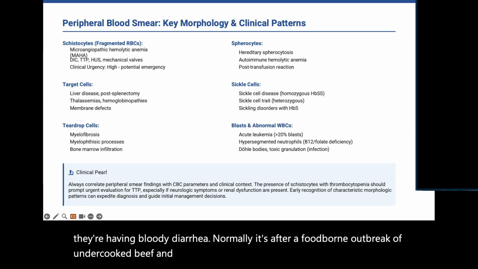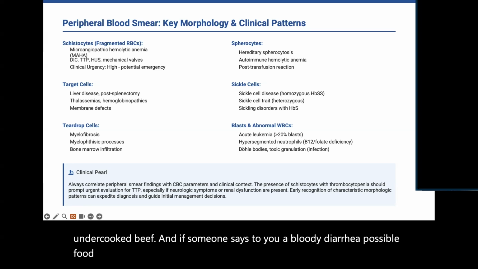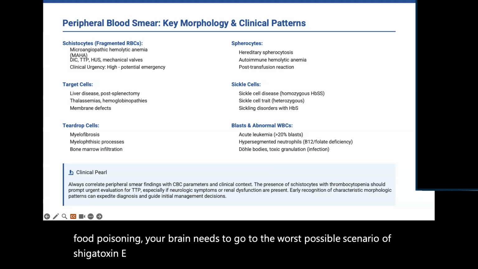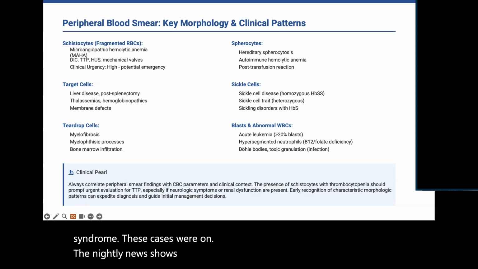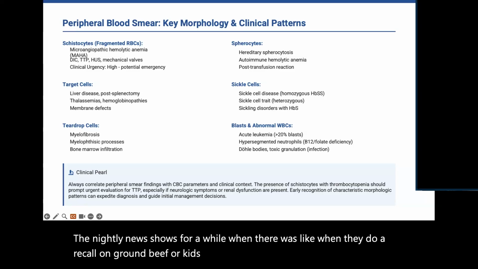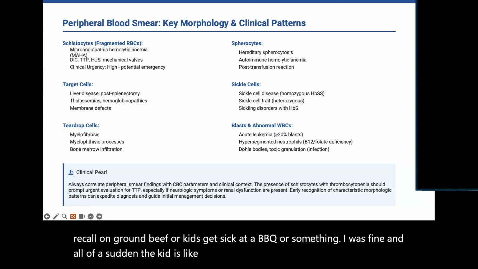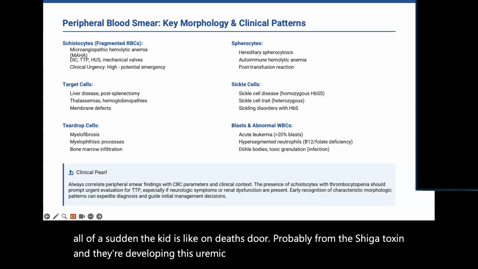And if someone says to you, bloody diarrhea, possible food poisoning, your brain needs to go to the worst possible scenario of Shiga toxin E. coli producing, and they may wind up with hemolytic uremic syndrome. These cases were on the nightly news shows for a while when they do a recall on ground beef, or kids get sick at a barbecue or something. They were fine, and all of a sudden the kid is on death's door, probably from the Shiga toxin, and they're developing this uremic syndrome.